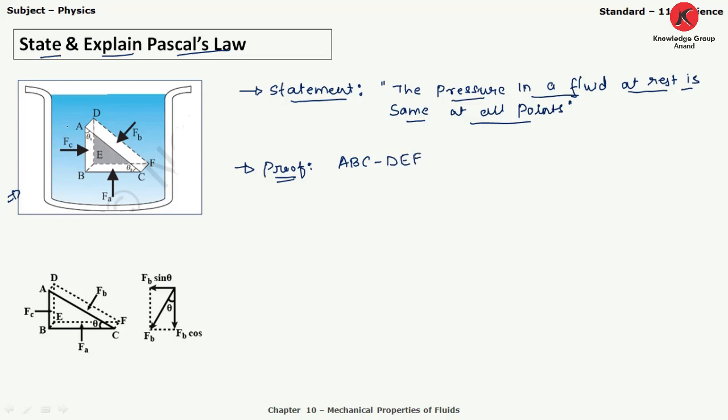This is the interior element of the fluid. Now here we can see this element forms a right angle triangle, like a prism. This element creates a right angle prism, right? A, B, C and D, E, F form the right angle prism.